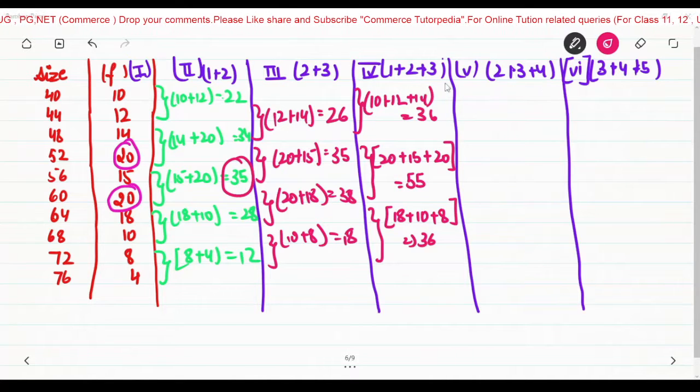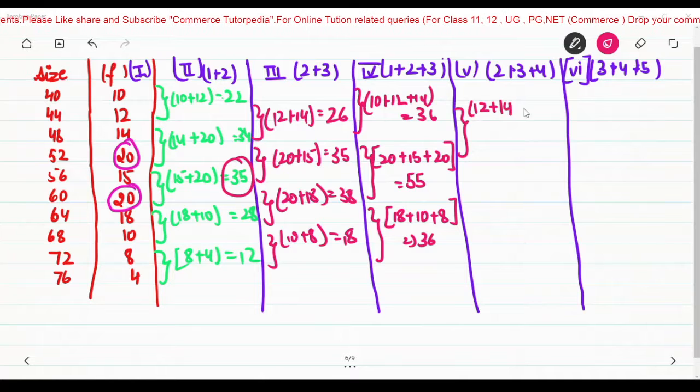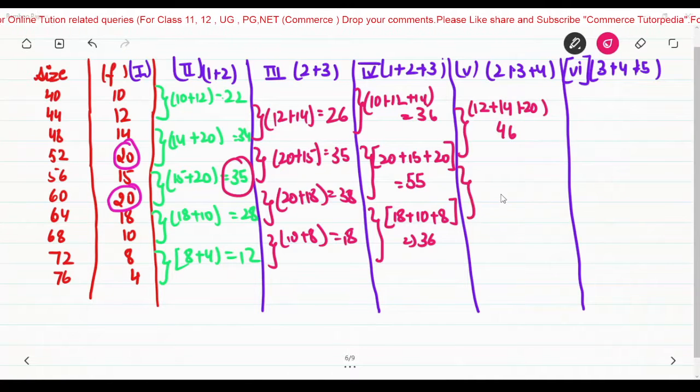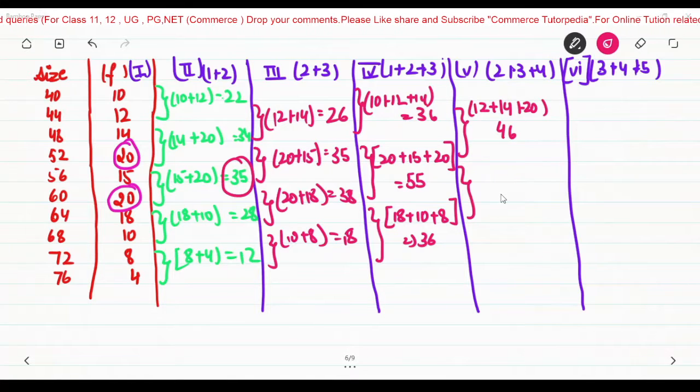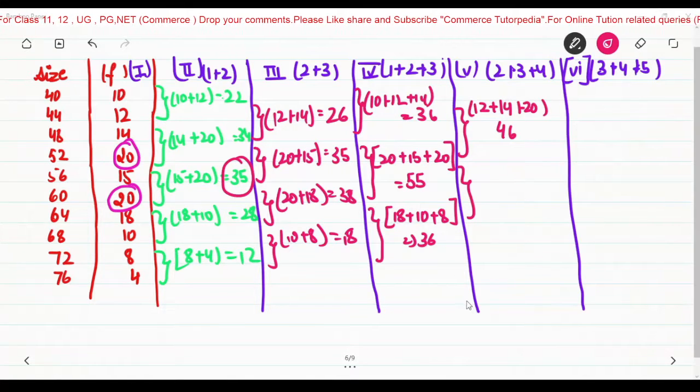Now for the fifth one, we need to make groups starting from the second frequency: second, third and fourth. So when you add 12 plus 14 plus 20, you get 46. This is pretty complex, so that is why I have told you to focus on what I am doing, although I will brief you again once it is completed.